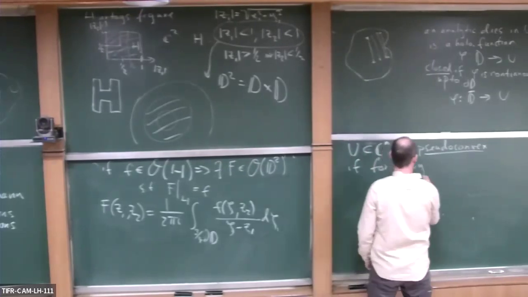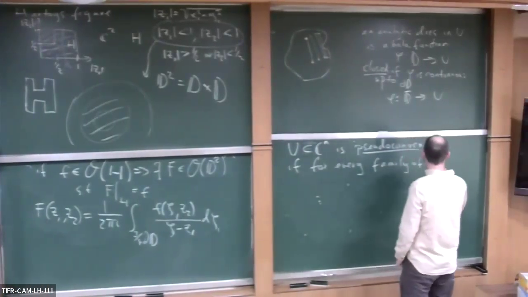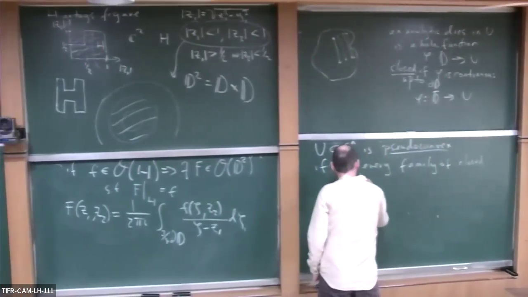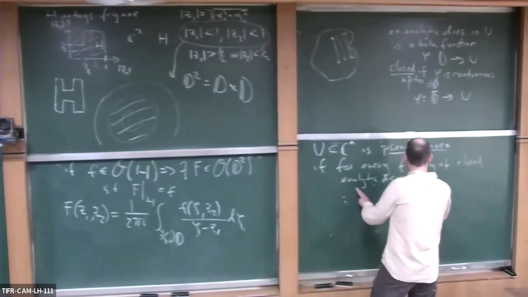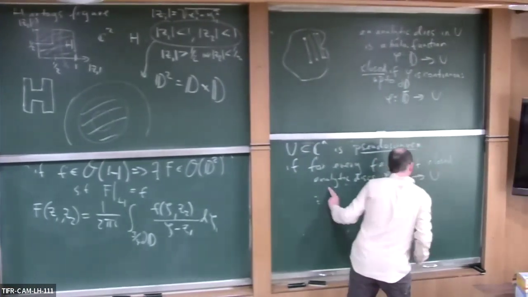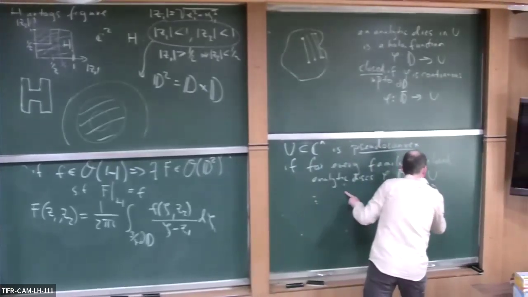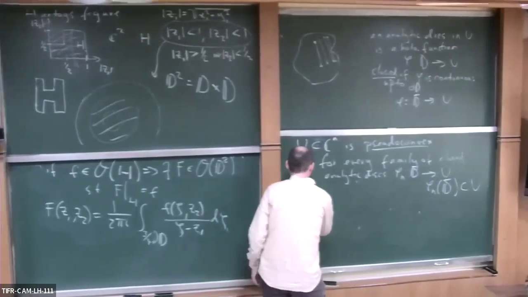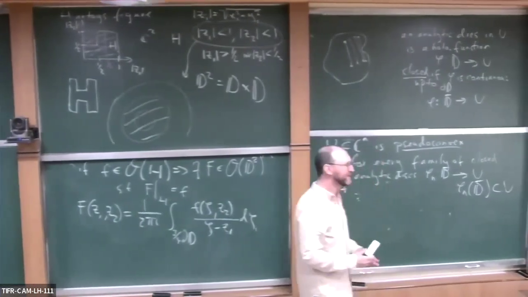every family of closed disks, yes, these are in here. So here I do have that the boundaries of the disks are in U. Here you don't necessarily need to have it.